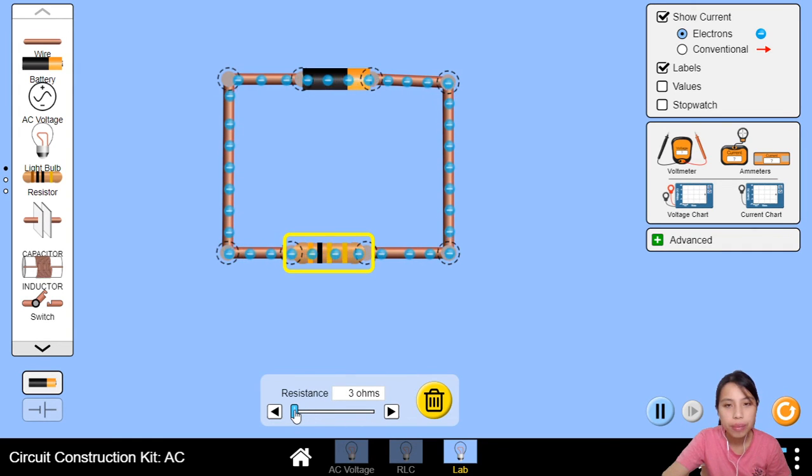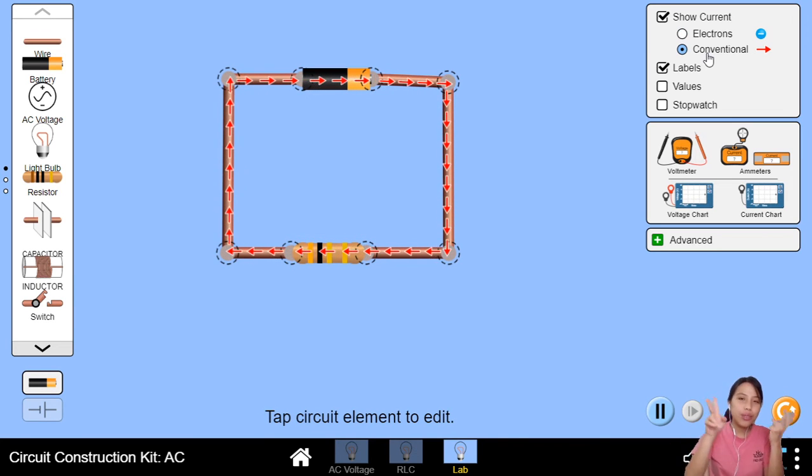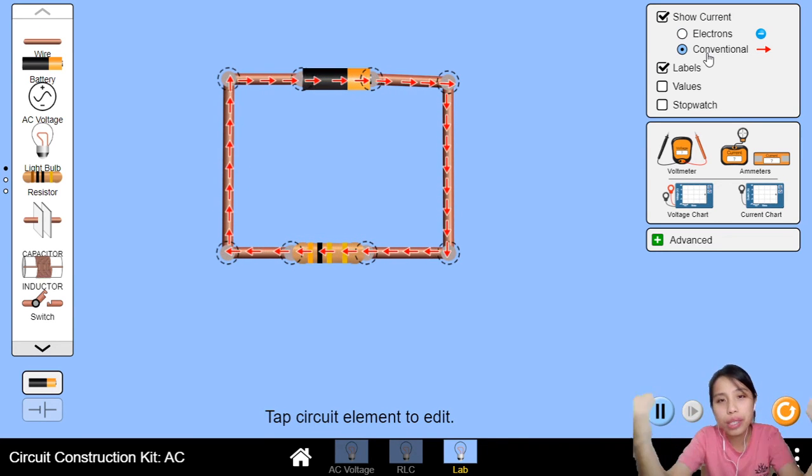Notice how the battery here is the positive side, and here is the negative side. The electrons are flowing from the negative side to the positive side. But if I switch to conventional current, this is what people thought in the past was the positive charges moving.